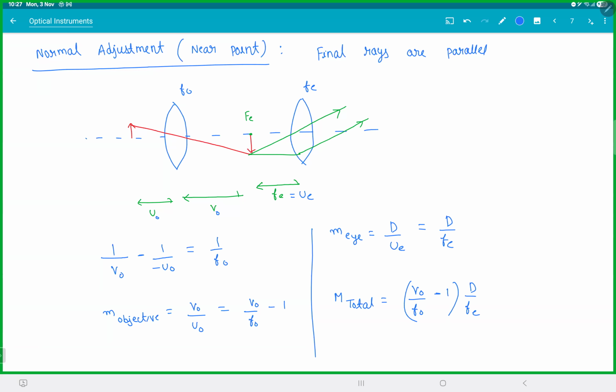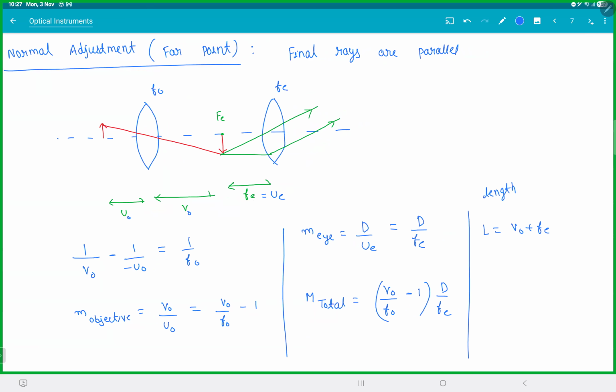This is your actual formula. Far point, sorry, this is the far point, it was a mistake. And we also define something called the length of the microscope, which is V naught plus FE. What is the length of the microscope? The distance between the two lenses.